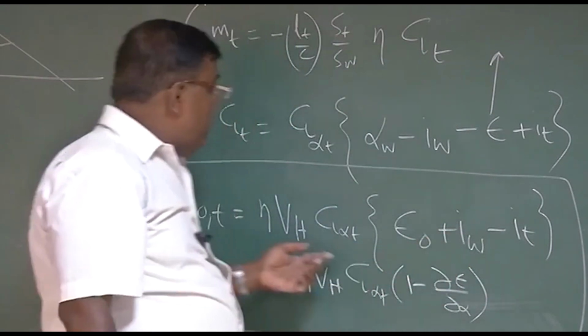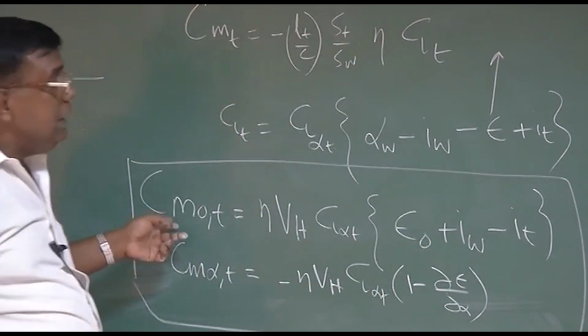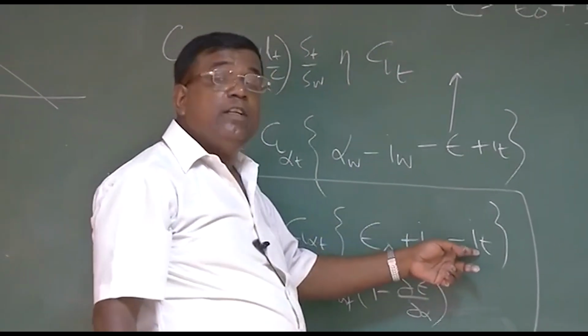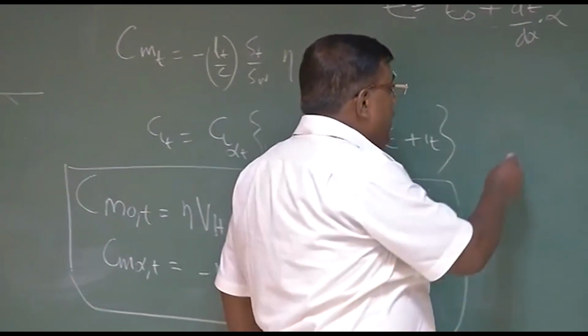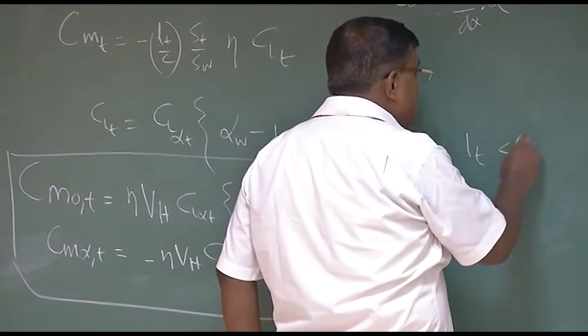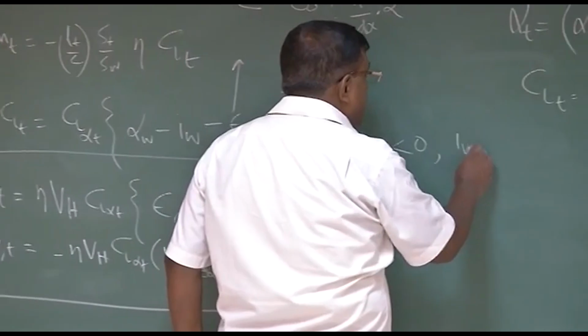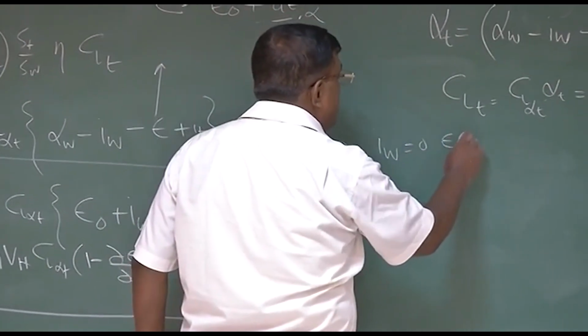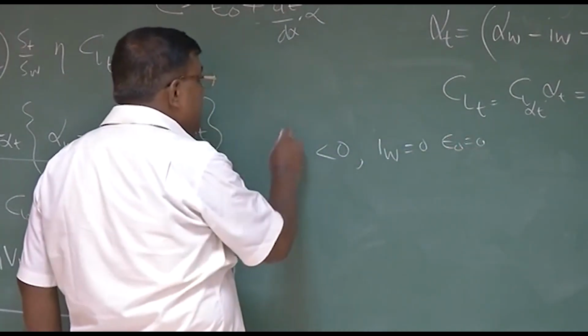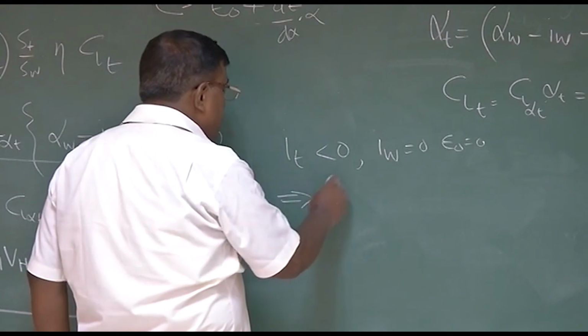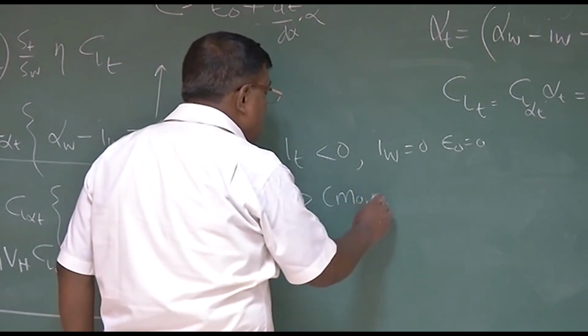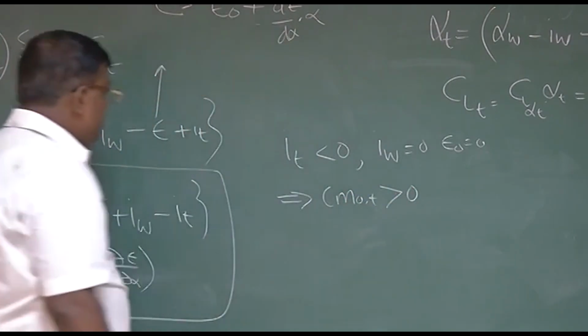So how can I get a positive Cm naught? If IT is negative, that means what? If IT is less than 0, and if IW is 0, if epsilon naught is 0, then this implies Cm naught tail will be greater than 0.